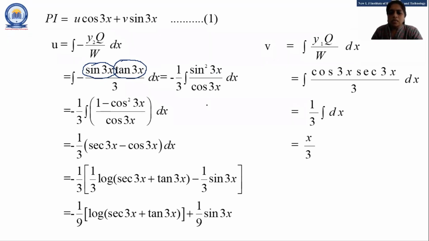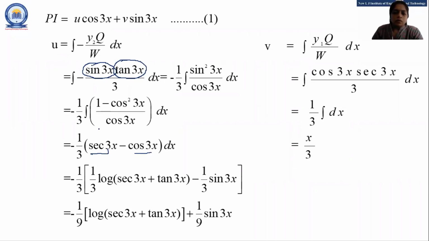So how to solve this integral? For this sin square 3x, we put 1 minus cos square 3x. If we divide separately, then 1 upon cos 3x gives sec 3x, and cos square 3x upon cos 3x is just cos 3x.